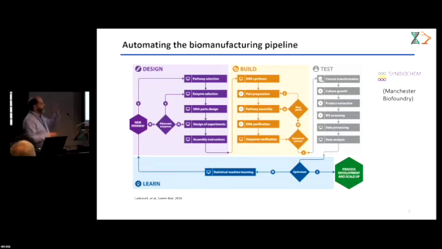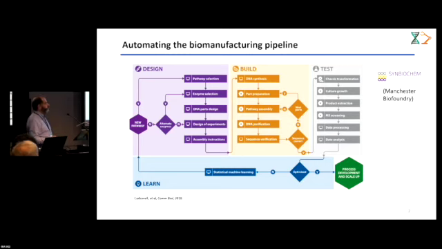Obviously, you can go deeper into the details of every step and find more and more stages inside them, but I think this covers what is typically performed during one iteration of the DBTL cycle.